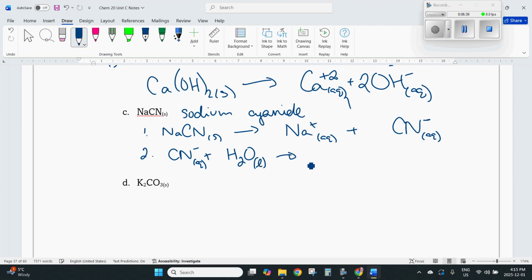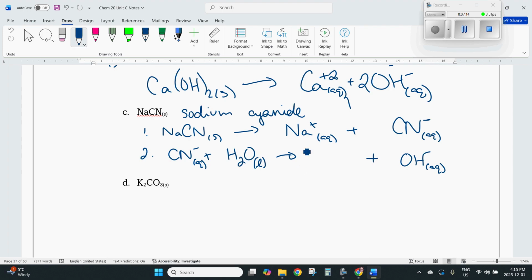Now, according to the modified definition of Arrhenius, the anions are going to react with water to make a hydroxide ion. So look at your reactants. The only place that you have your O and your H is in the water molecule. So the water molecule has to do something to become OH minus, aqueous, plus.